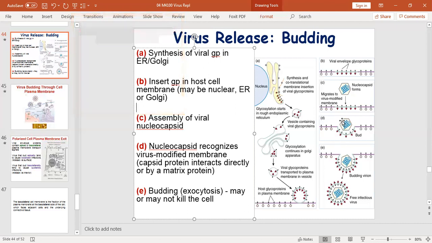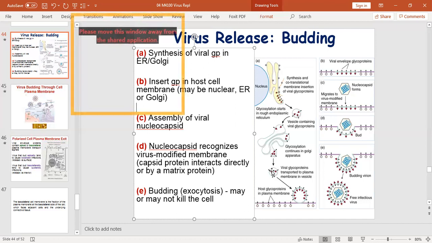At the same time, there would be the assembly of the viral nucleocapsid, the nucleic acid of the virus that has been produced a lot through replication, and the capsid proteins that are a result of late gene expression.